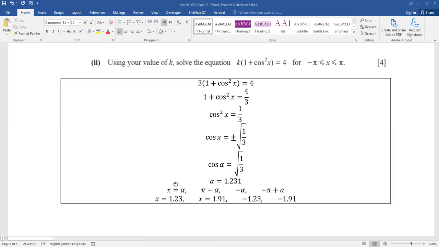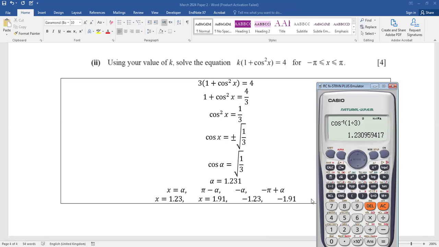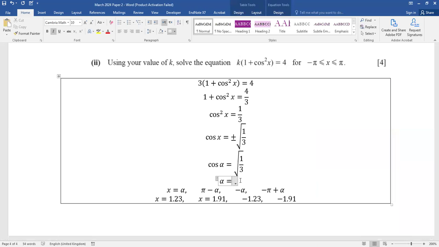Okay, so we found, oh, again another mistake, I forgot to put the under root in this one, sorry again. Let's quickly correct it. Cos inverse of root of 1 divided by 3. So we'll rectify our alpha: 0.955.